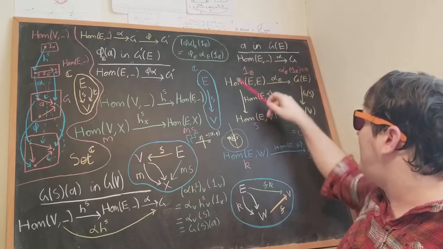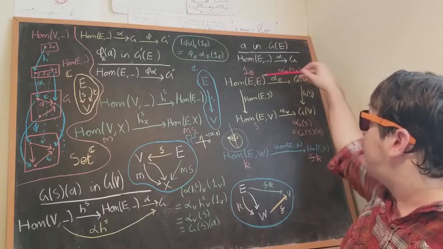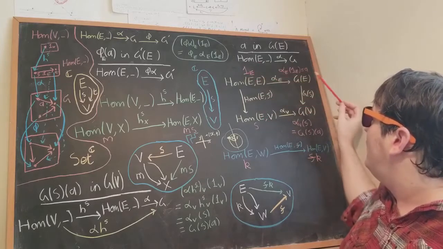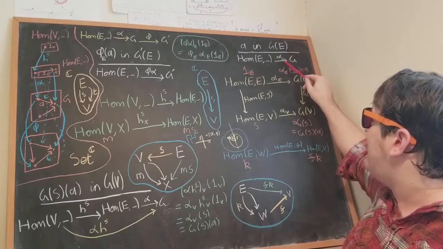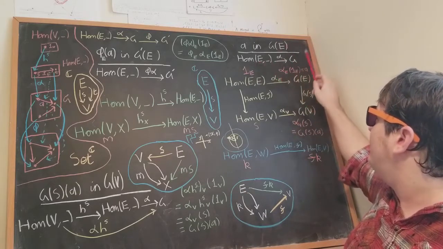Well, this picture is the key. This is a naturality square, because we're assuming that alpha here is a natural transformation from this functor from C to Set to this functor from C to Set.